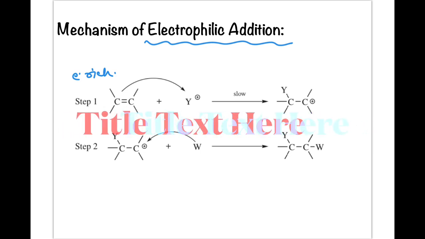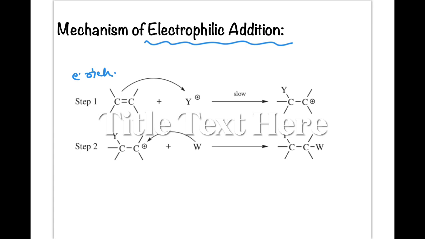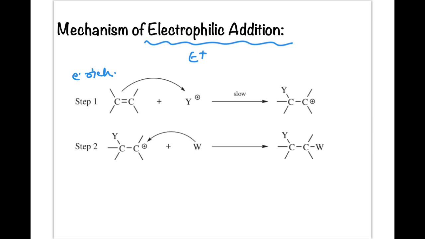And that is why it is most likely to invite an electrophile. What is an electrophile? Anybody with a positive charge or with an incomplete octet. Let's say BH3 is also an electrophile. Anybody which can behave as a Lewis acid can also behave as an electrophile. That's the thing, right?